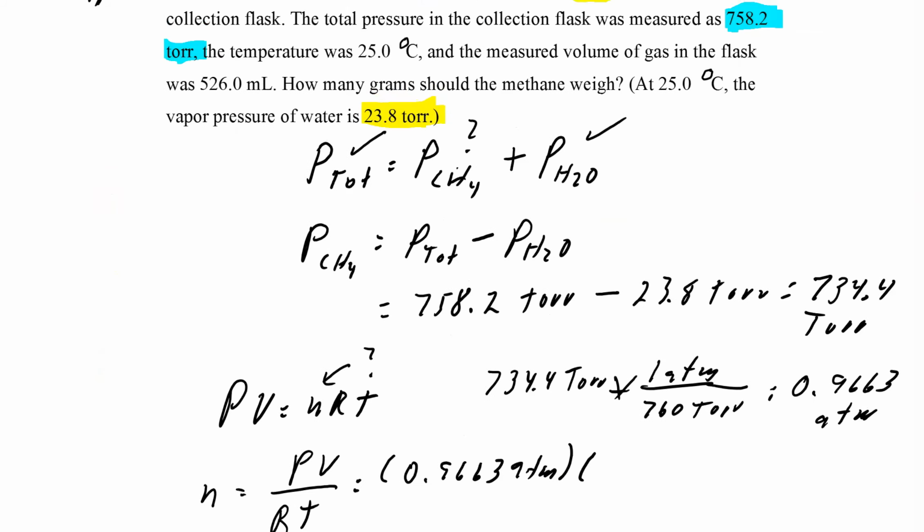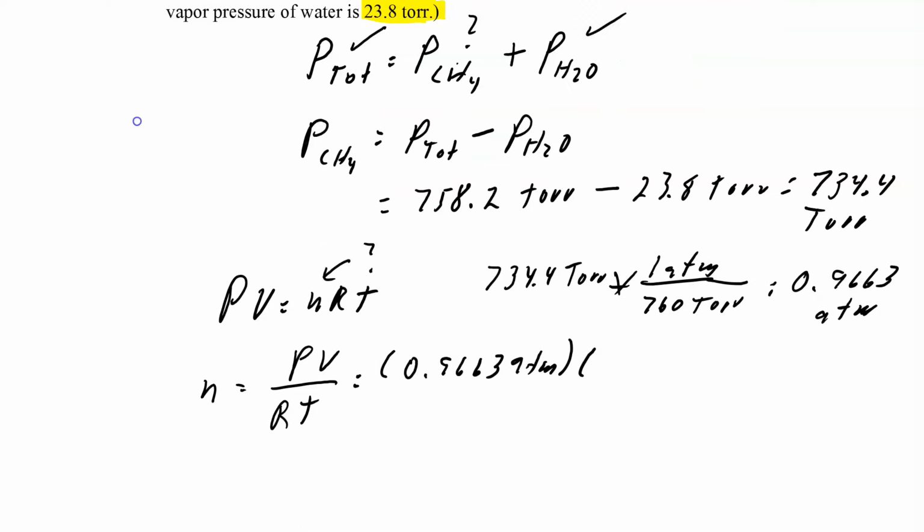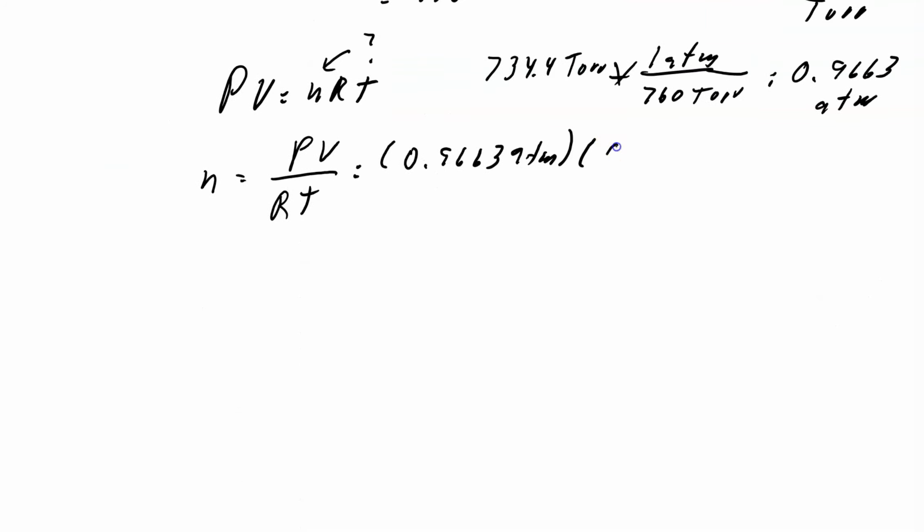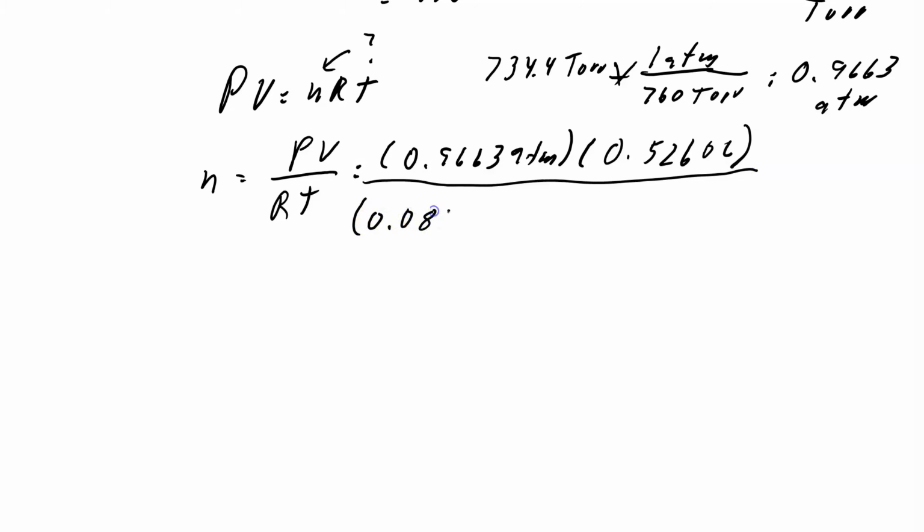Volume is next. That's given in the problem. We're told that the volume was 526.0 milliliters. We need liters, divide by 1,000. So we get 0.5260 liters. Downstairs, our gas constant always would be given 0.0821 liter atmospheres per Kelvin mole.